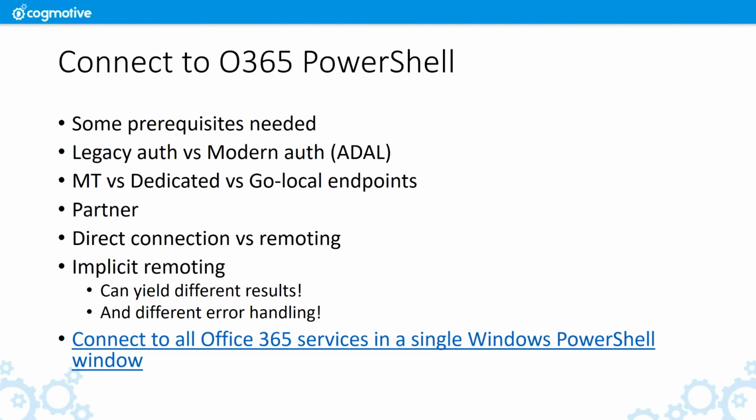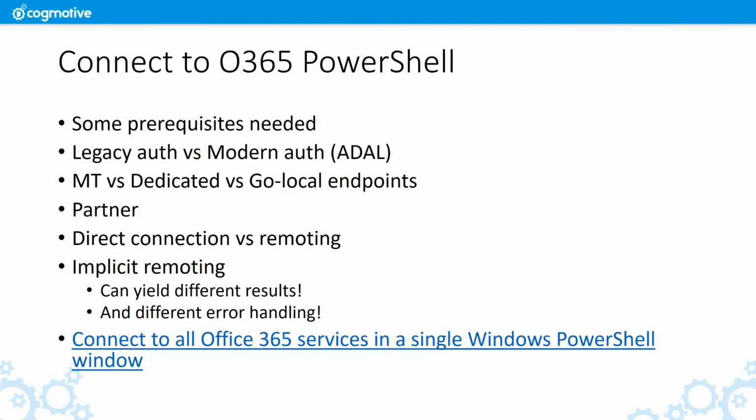The documentation is available online, and the link that we've included here is one of the better links there, which lists practically how to connect to most of the services and also includes some of those different endpoints. There is also a different PowerShell functionality for partners who can manage different Office 365 tenants on behalf of their customers.